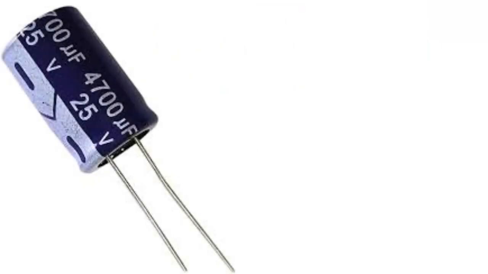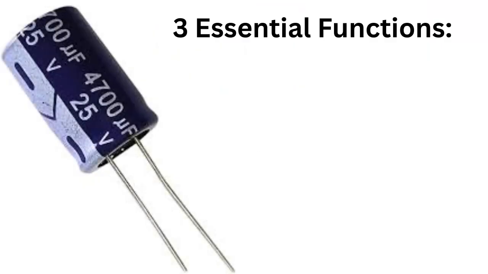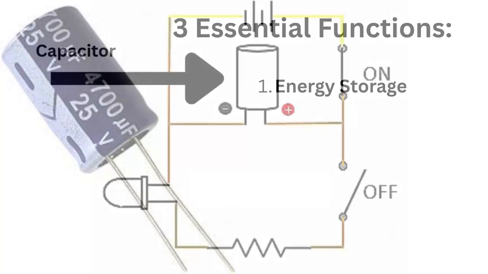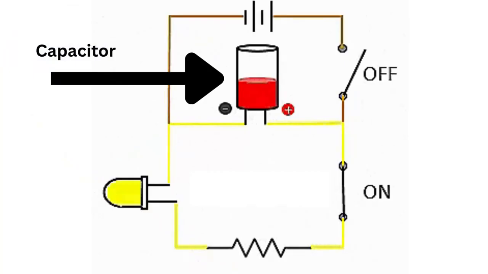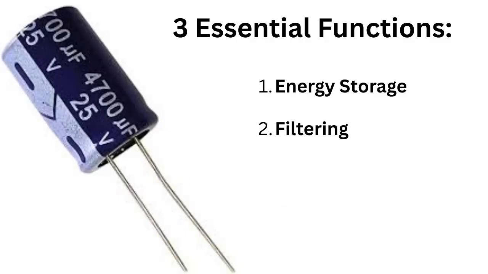In general electronics, capacitors are used for three essential functions. First, energy storage. Like a very small, fast battery, they can release a quick burst of power. You see this in camera flashes or in filtering circuits that prevent sudden voltage drops. Second, filtering. This is vital.